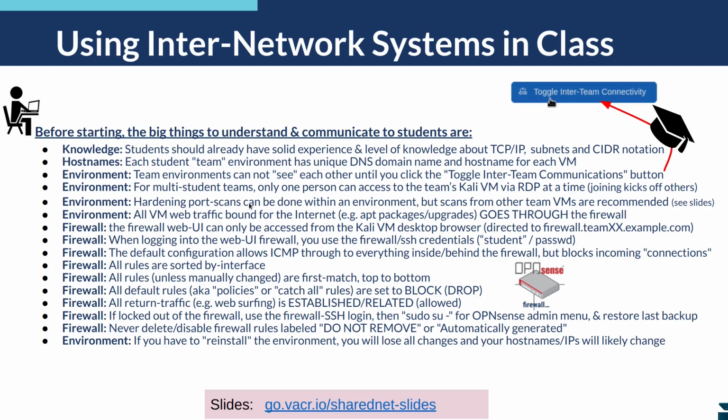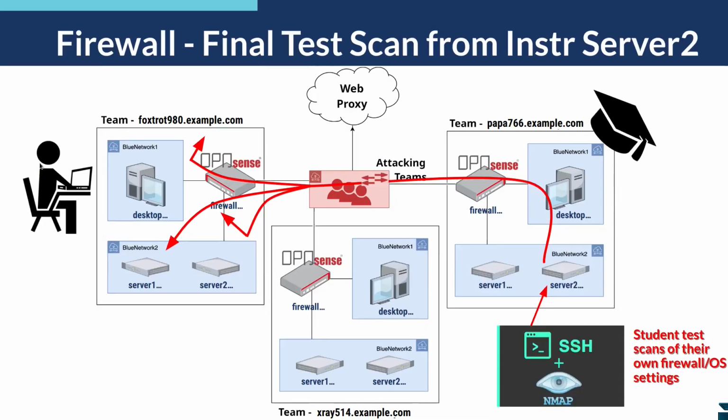For multi-student teams, only one person can access the Kali VM via RDP at a time. So if you have a student team that has 2 or 3 students in it, only one person can access the desktop at a time. If someone else tries to access the desktop at the same time, it'll boot the first user off. It doesn't really pay attention to who's who.